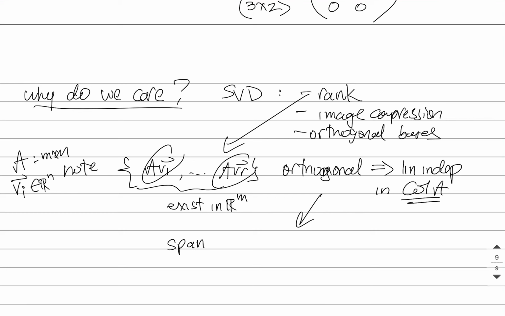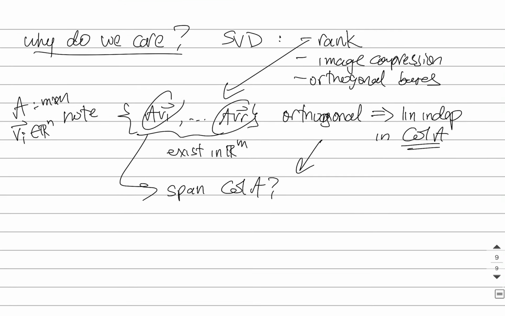And so each one of these things is a member of the column space. But do they span the column space of A? So any vector in the column space has to look like this. It has to be some linear combination of those vectors.